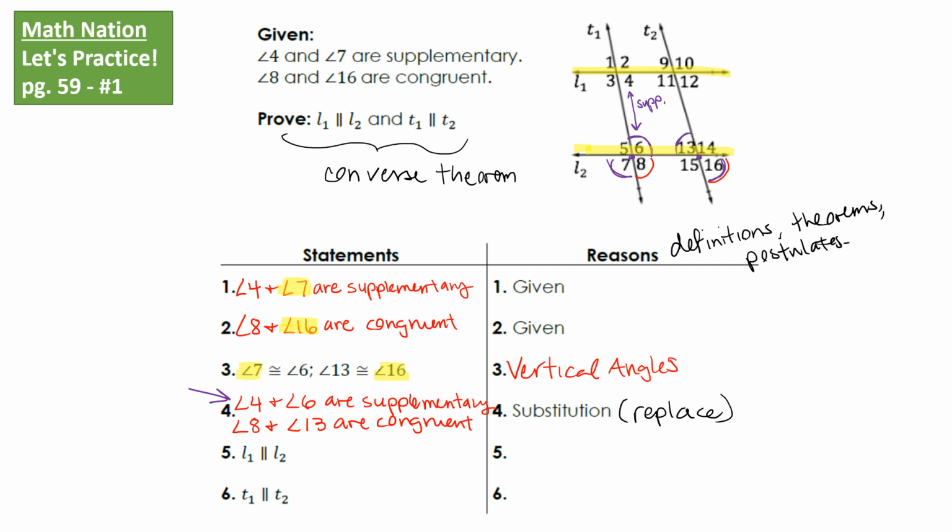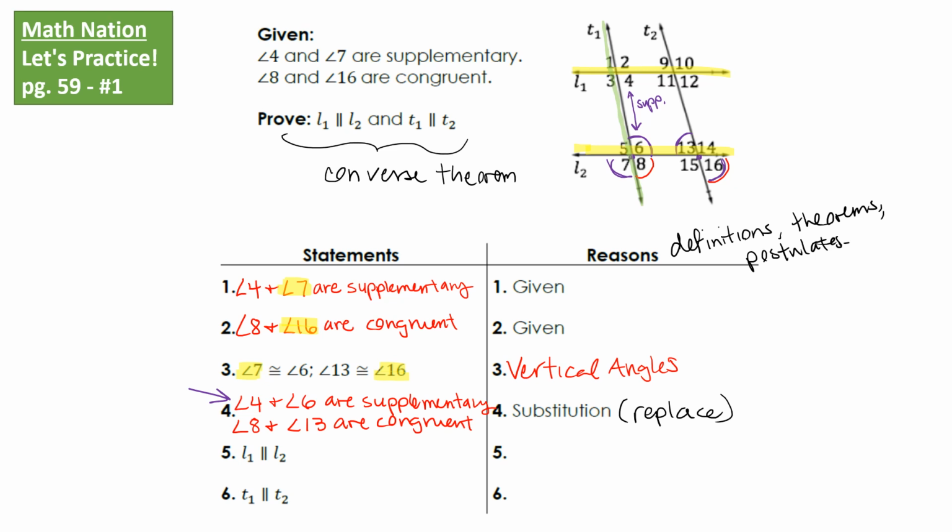So if we look at the previous angle relationships that we just discussed on pages 57 and 58, we notice that these two angles sit in between the parallel lines, and they are on the same side of the transversal. So the transversal here would be line T1.